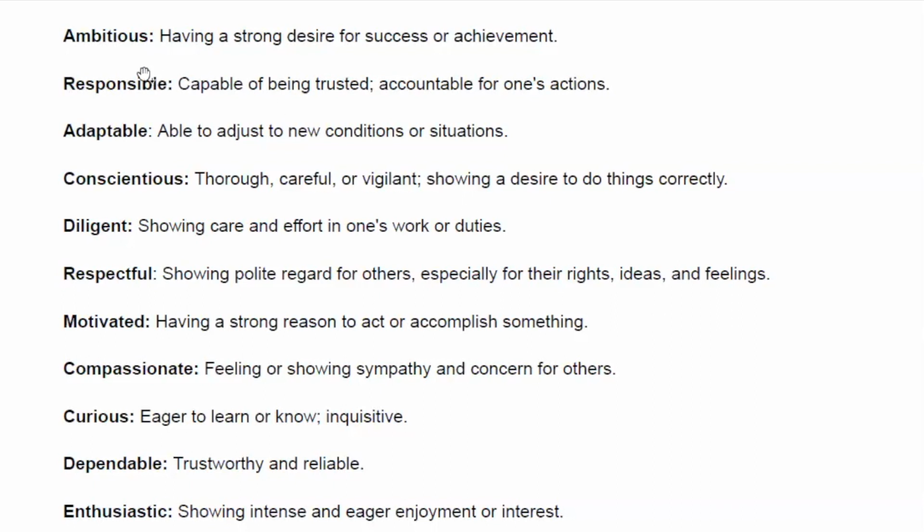Over here, we have the word ambitious. Ambitious means having a strong desire for success or achievement. Everybody understand what ambitious means? Ambitious is somebody who has big goals that they're not going to give up on, goals that don't make sense for them to have. Let's say last year I got second place in an arm wrestling competition.